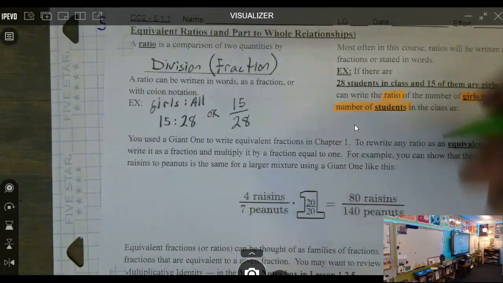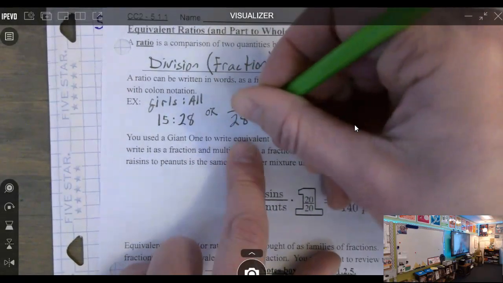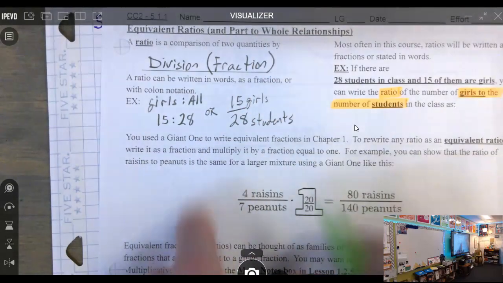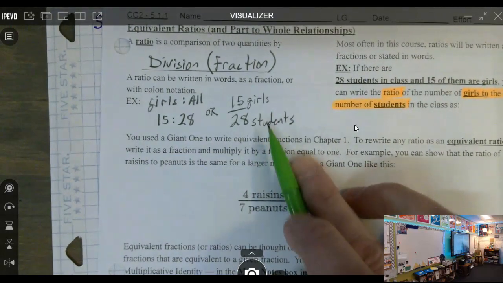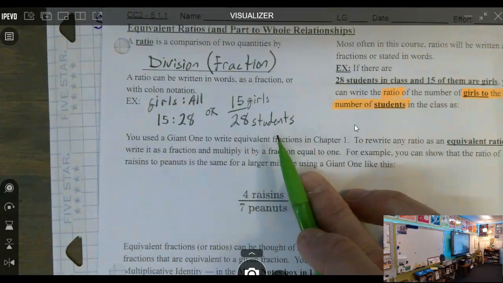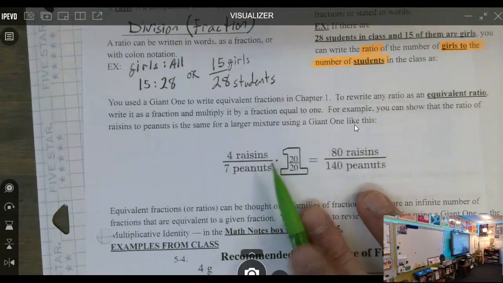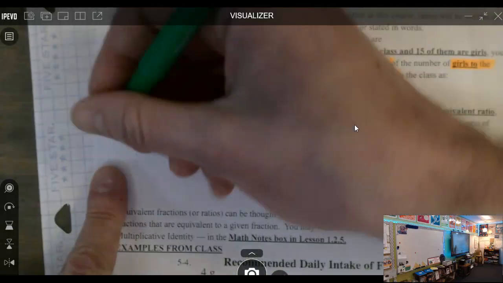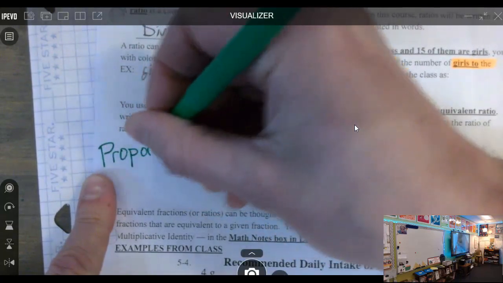And guys, this is comparing girls to total students. These are two different labels. And this is what we've been practicing all year, but now we need to get to the point of showing we've really mastered this. So here's an example down here of a proportion. Guys, if I was you, I would write in proportion.